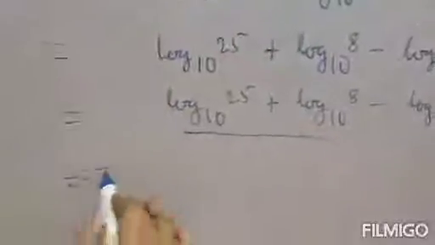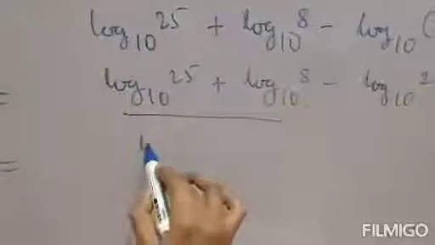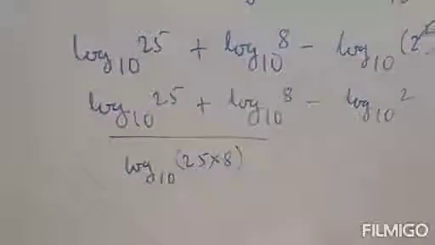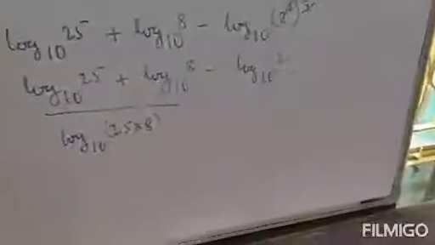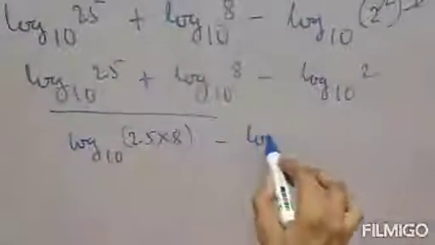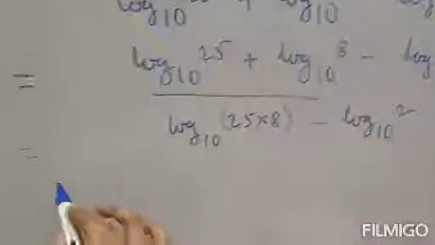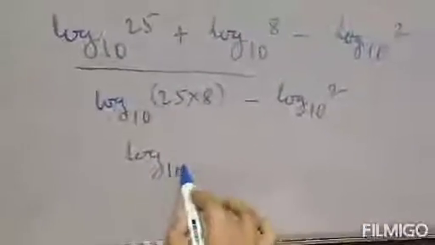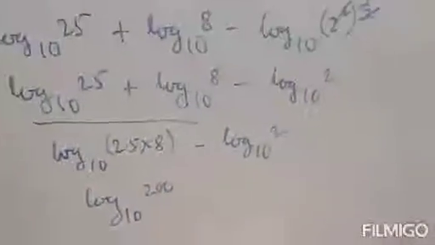Now same plus, so apply the product law, that means log base 10 of 25 into 8 will be multiplied, minus log base 10 of 2. 25 into 8 means log base 10 of 200.